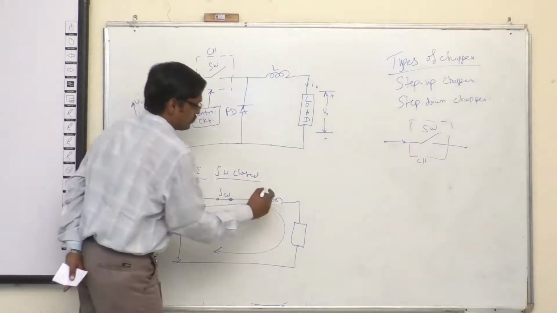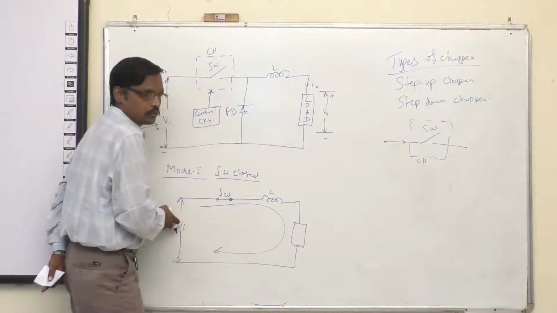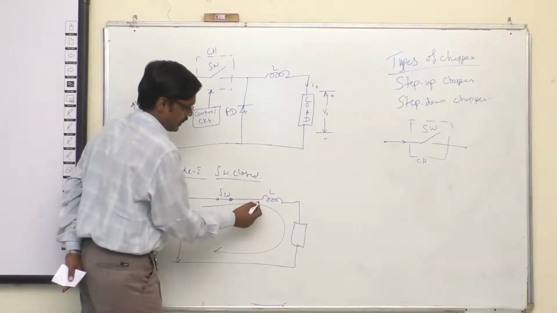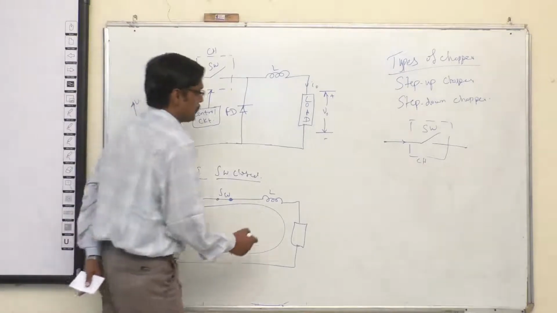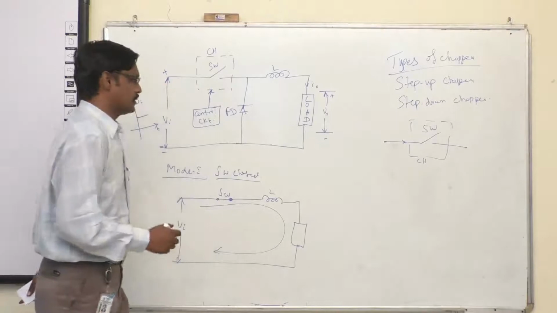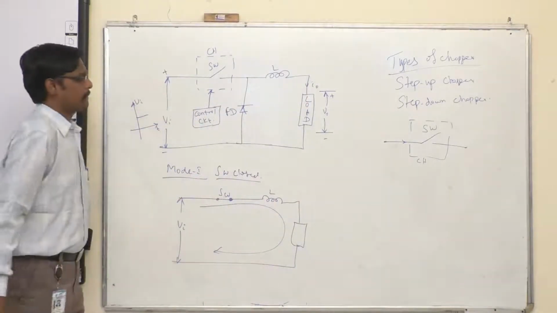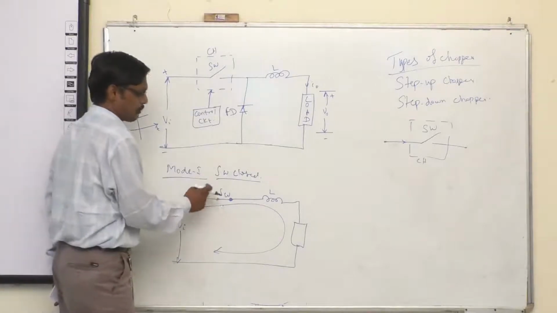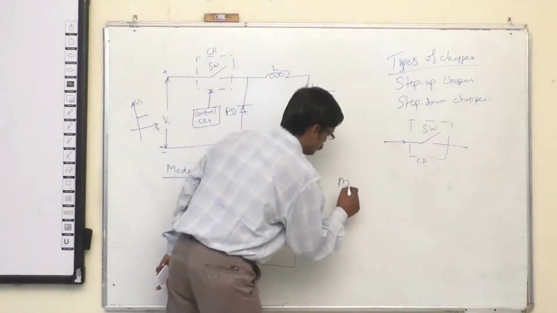The current flows through the inductor and load, then returns back to source. During this time, the inductor charges. This is the first mode of operation. Then the second mode of operation, when the switch is open.